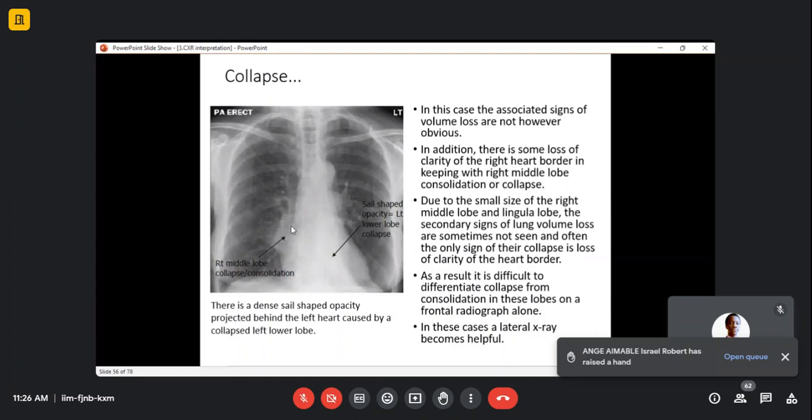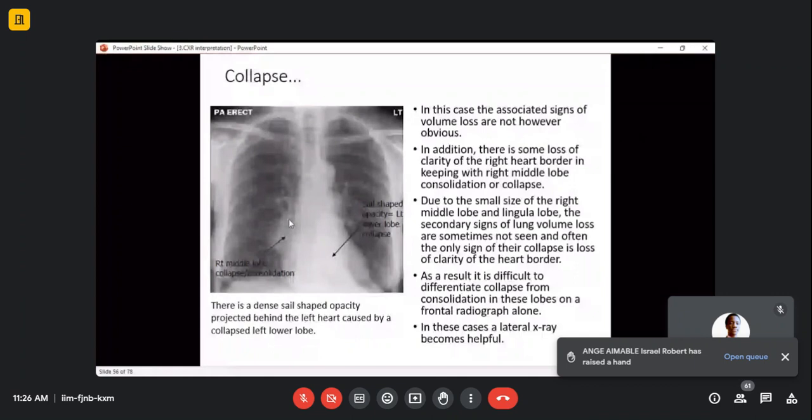But left lower lobe collapse, I'm not understanding how it looks very well. The right middle lobe collapse, I see it.